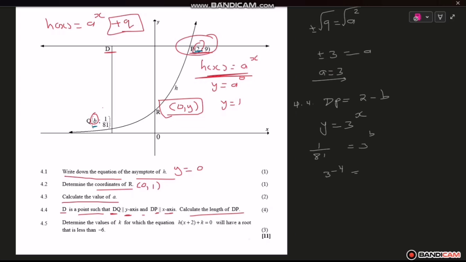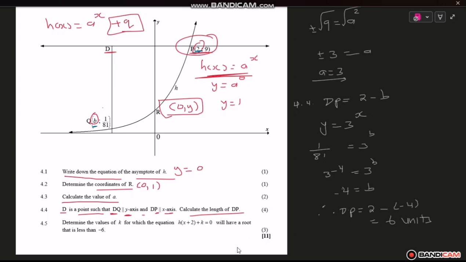Therefore, 3 to the exponent negative 4, then you drop the exponents here, 4 equals b. Where there's b in DP, you substitute negative 4, the value of b. Maybe some are wondering why DP equals 2 minus negative 4. This is the length of DP. So 2 minus negative 4 is going to give us 6 units.